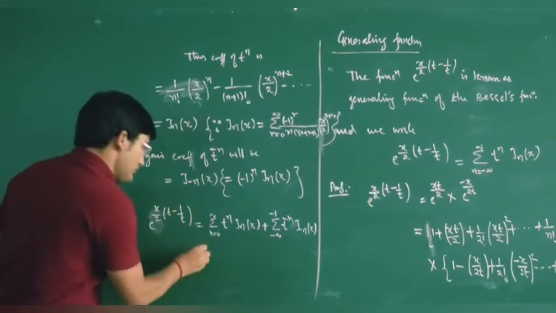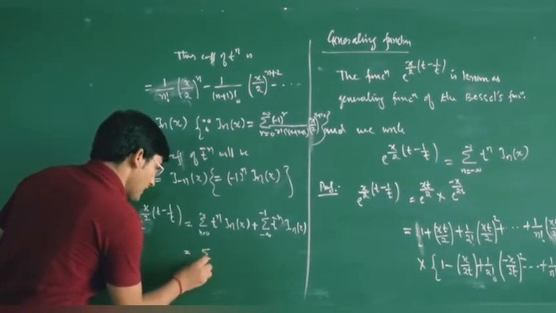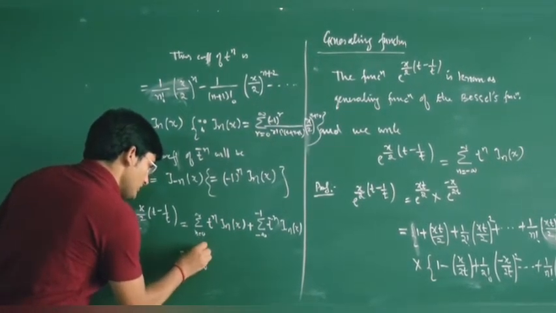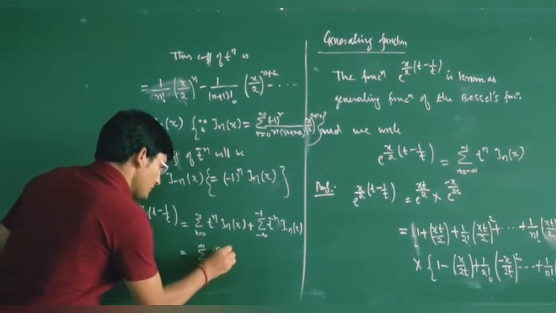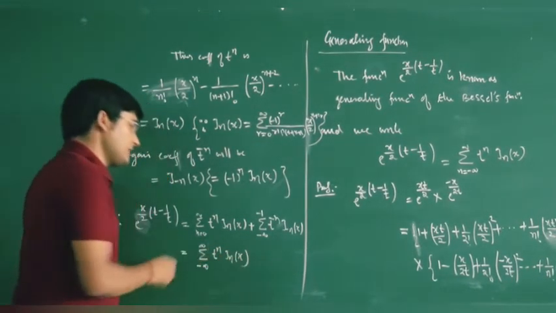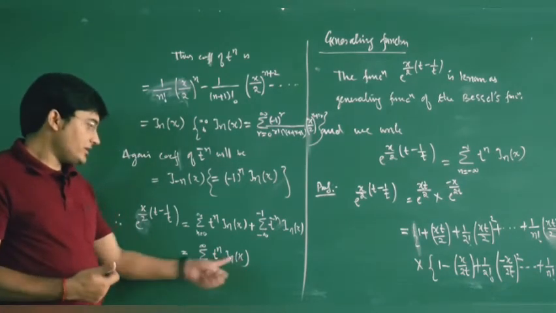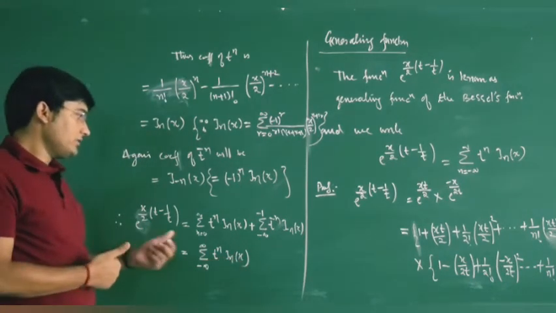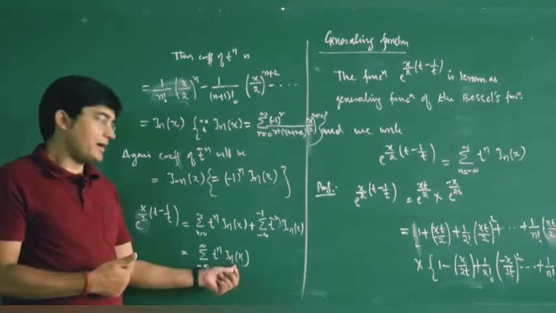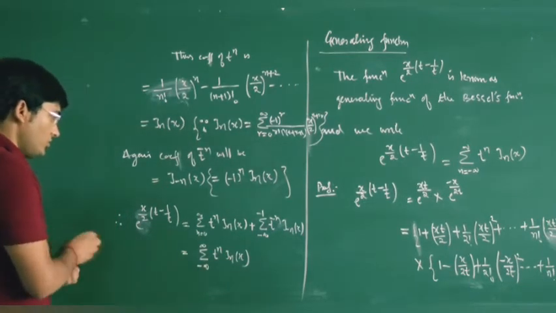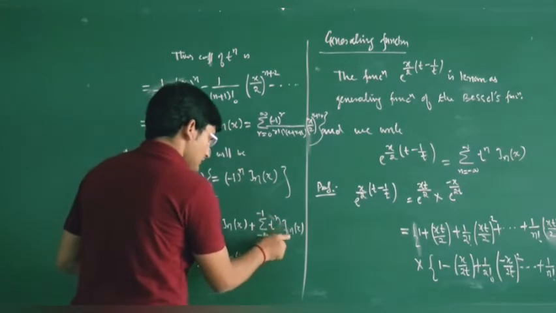So this can be written as minus infinity to plus infinity, the coefficient of t to the power n is Jn(x). If n is positive, then we will get plus Jn(x), and if n is negative, then we will get J minus n(x). So we write plus n x.